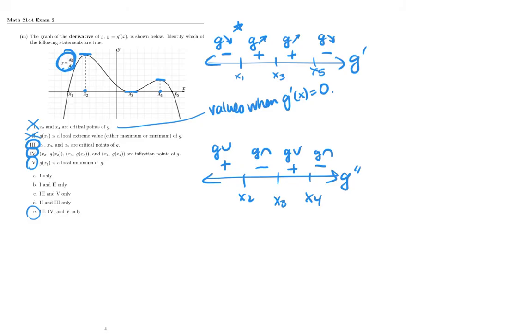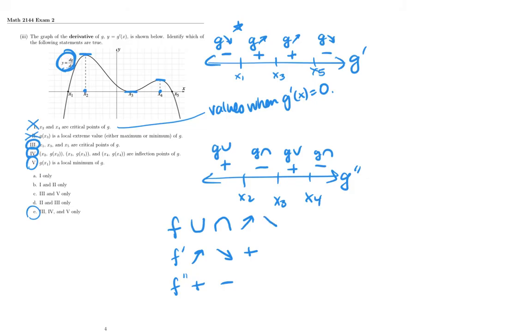One thing to remember here is what we know about F. If F is concave up, that means F prime is increasing, and that means F double prime is positive. If F is concave down, that means F prime is decreasing and F double prime is negative. If F is increasing, that means F prime is positive.